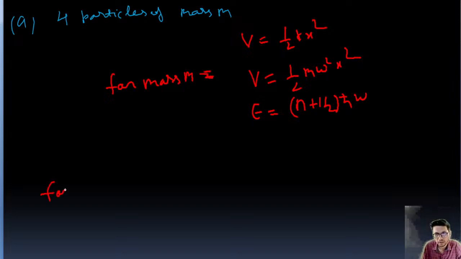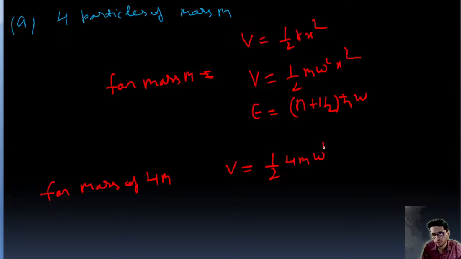Now for mass 4m, V is going to be half m, in place of m you will write 4m, omega squared x squared. Or we can write half m (2 omega) whole squared x squared, we can write like this.